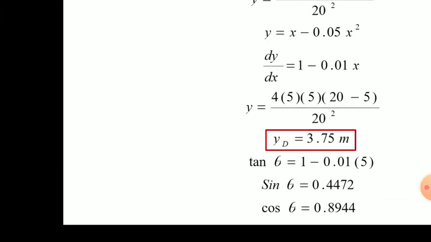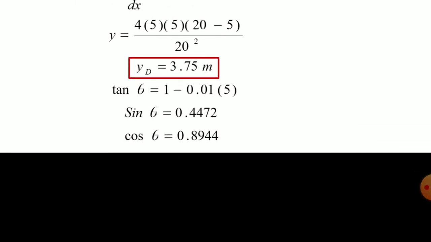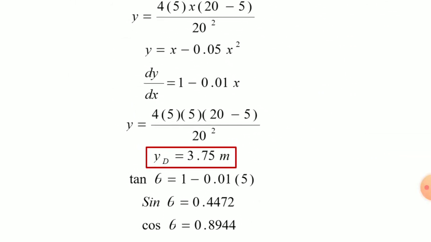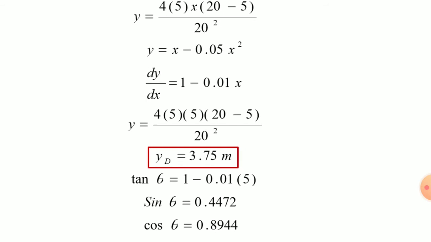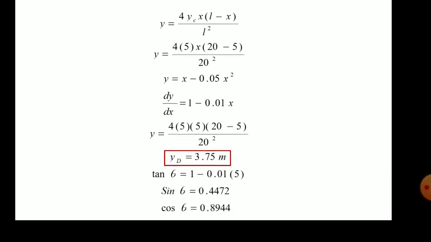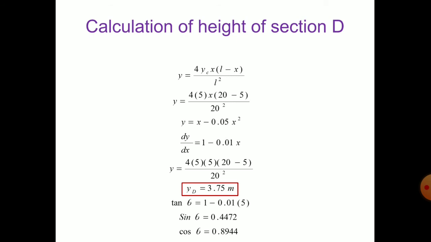Then we should also find tan theta, that is dy by dx, equal to tan theta. For x equal to 5 meters, sin theta will be equal to 0.4472 and cos theta will be equal to 0.8944.